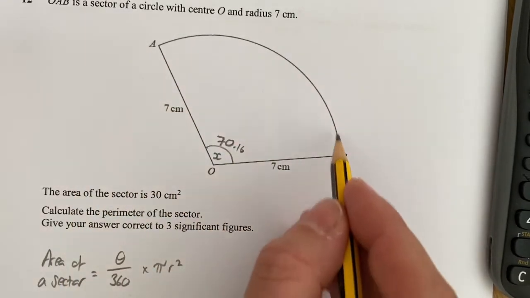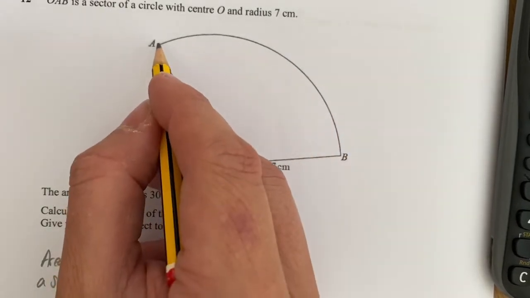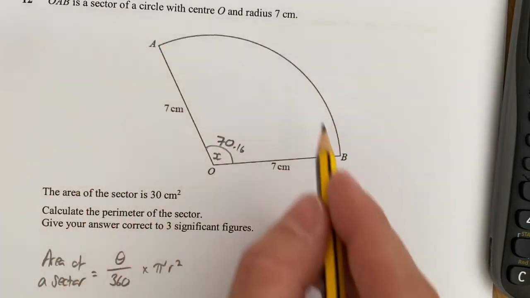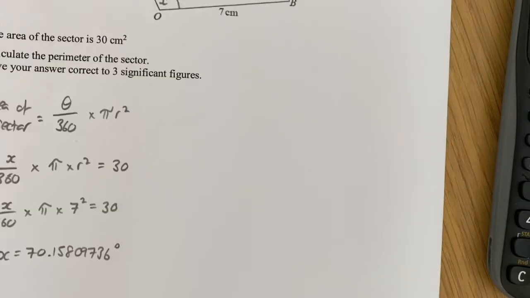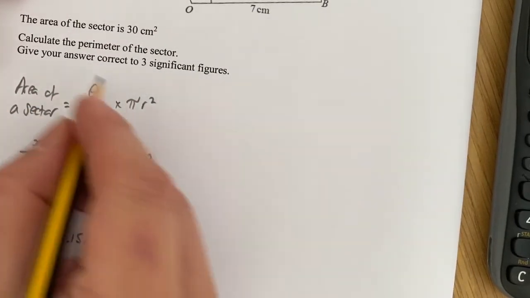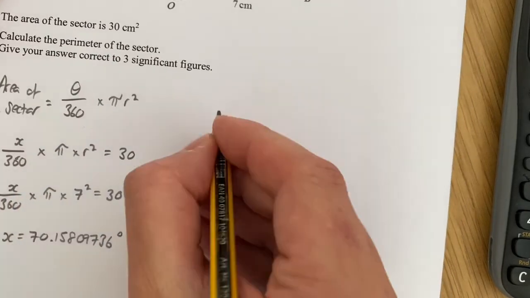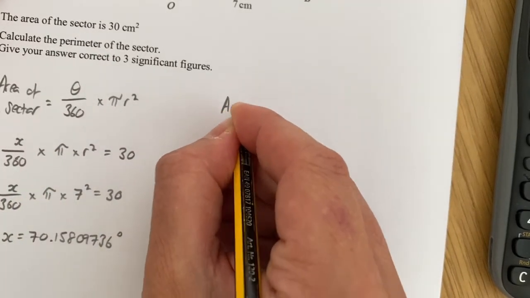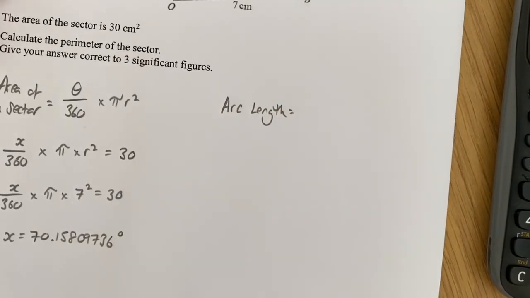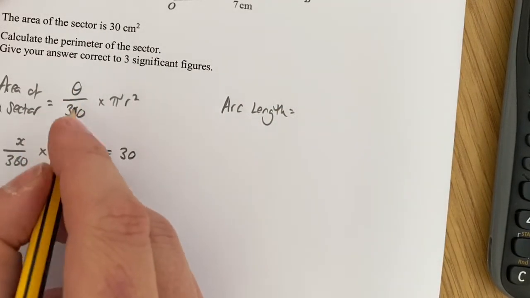So we need to know the length of this arc AB, and that's the next formula that you would need to know. We've got the area of the sector, we need to know the arc length.